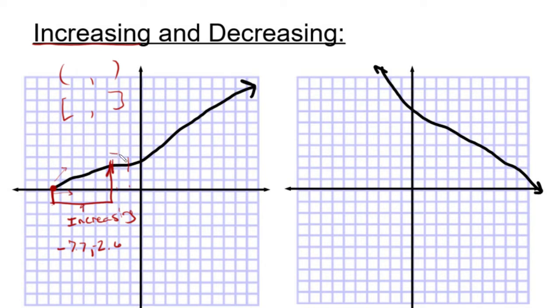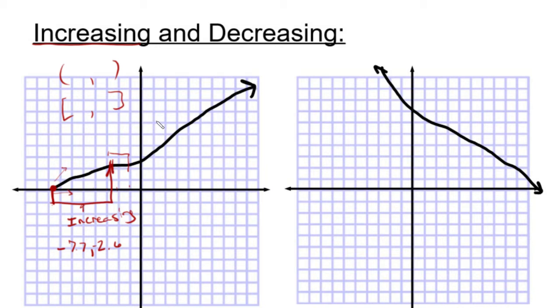Then it flattens out here, so we are not increasing or decreasing here. It's just flat. But before that, I want to talk about whether you use parentheses or brackets. In intervals of increasing and decreasing, you need to be specific. If you are continuing on in math, such as Algebra 3 or your college algebra class, you're going to need to be pretty specific about what's going on here.